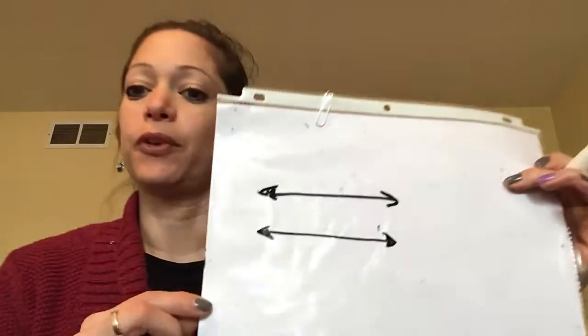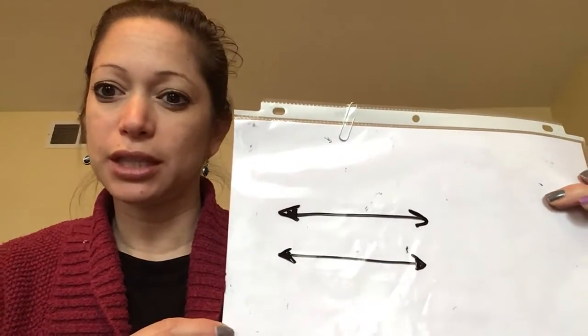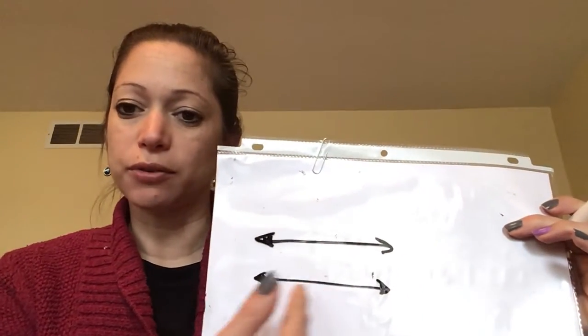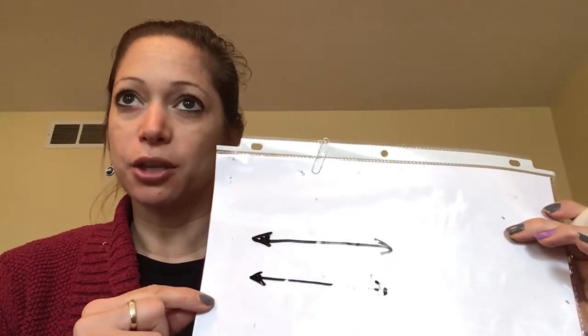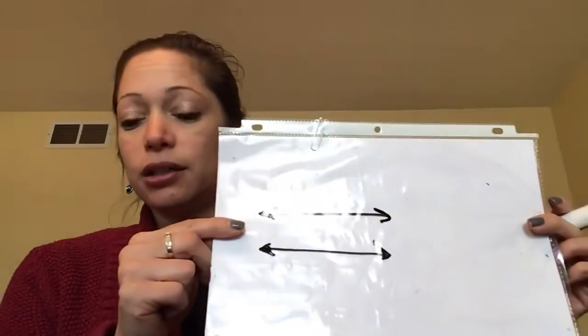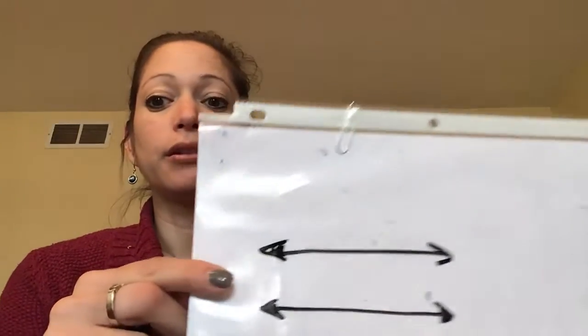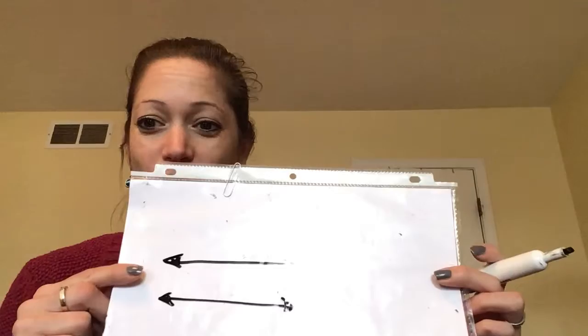So if I draw two lines, here's one line, and I have my second line that I'm drawing. You can see that they're exactly across from each other, and we know that lines go on forever and ever. But even if we extend these lines, they won't touch, will they? That's the main thing with parallel lines.